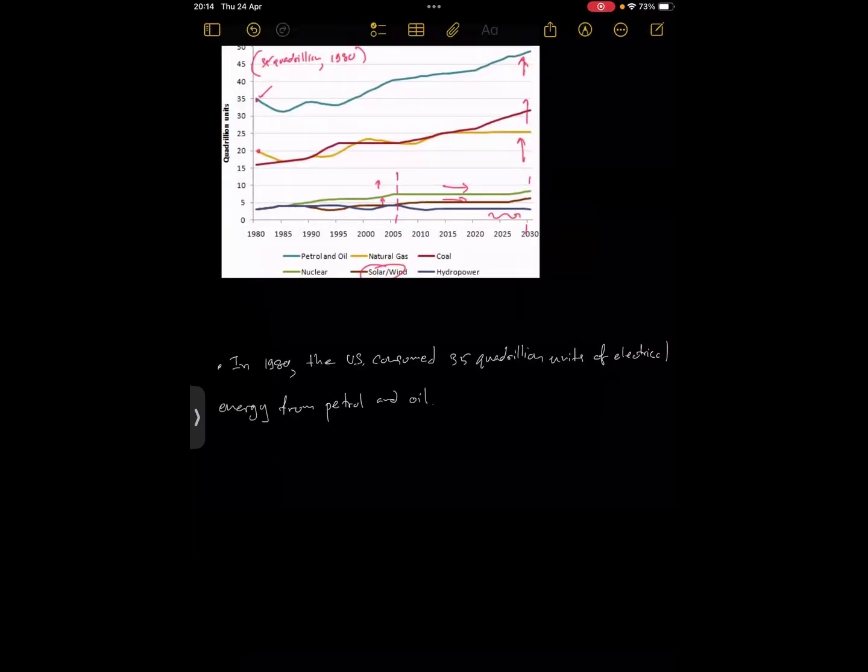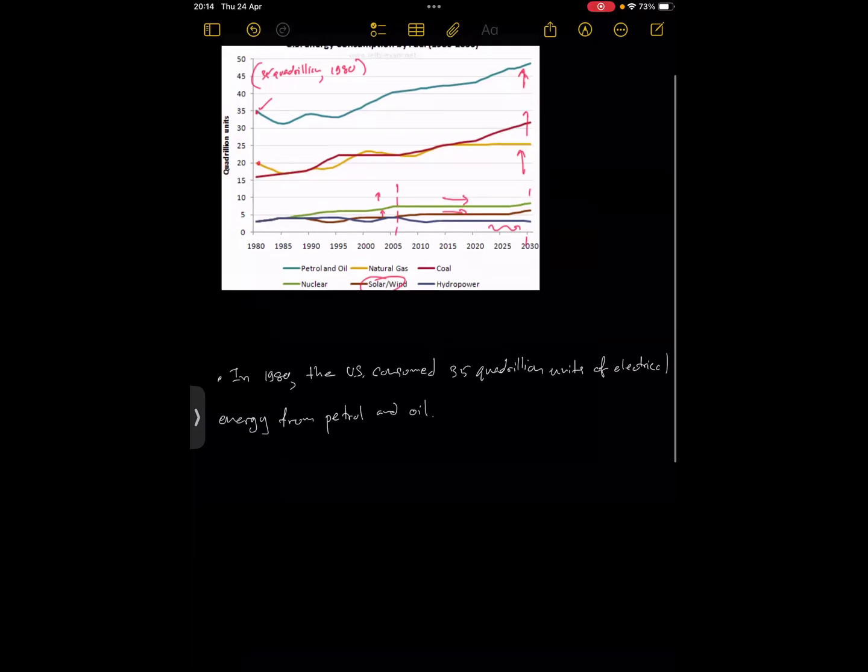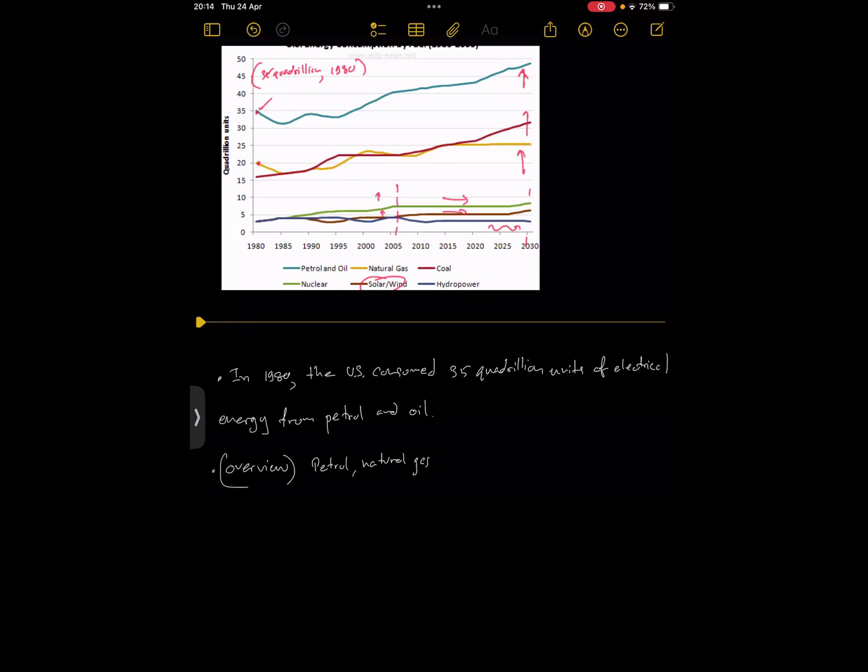Okay, so based on this, I can say that for my overview, petrol, natural gas, and coal had an increase in... I probably would say natural gas.